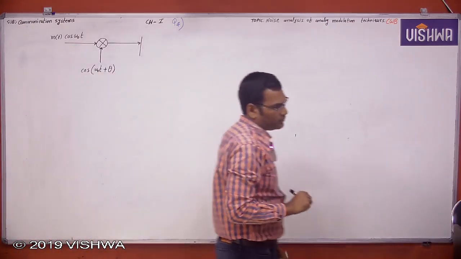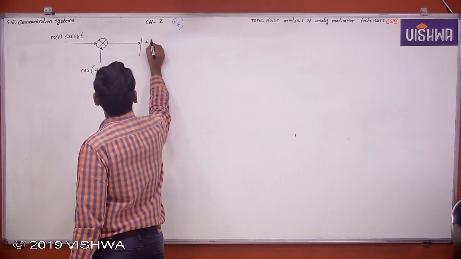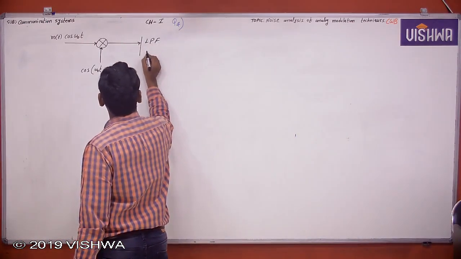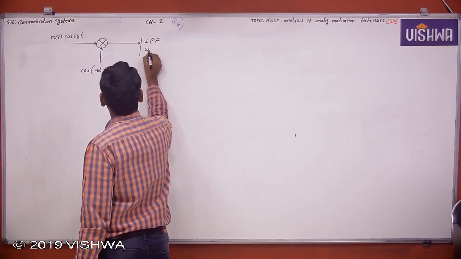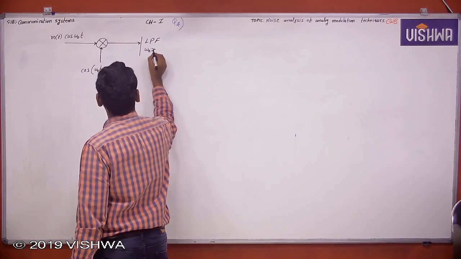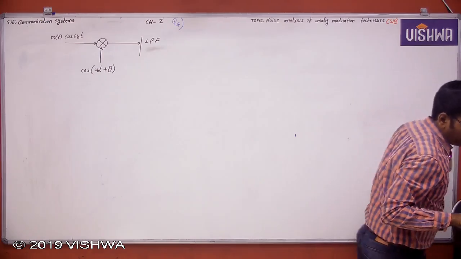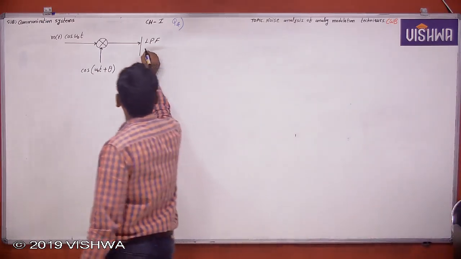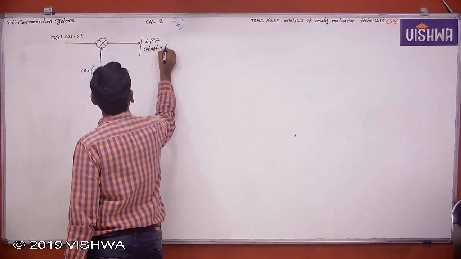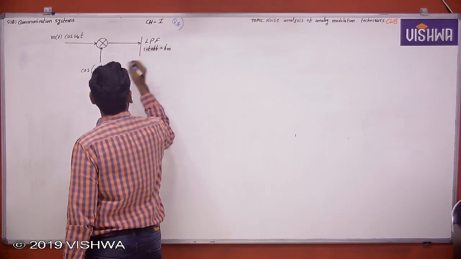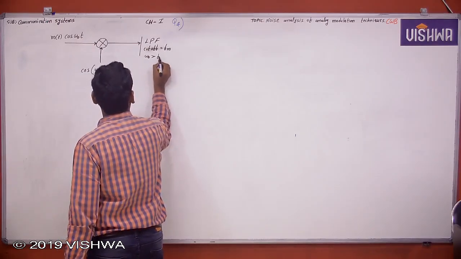a low pass filter. It is passed through an ideal low pass filter having a gain of 1. The ideal low pass filter cutoff frequency is FM, and it is mentioned that omega naught is greater than FM.